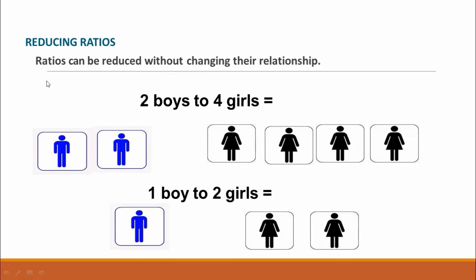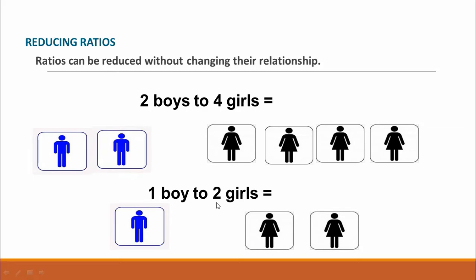Now, reducing ratios. Ratios can be reduced without changing their relationship. For example, we have 2 boys and 4 girls. There are 2 boys ratio 4 girls. Now we can reduce this ratio by simplifying: 2 to 1 and 4 to 2. So this is the reduced ratio 1:2.